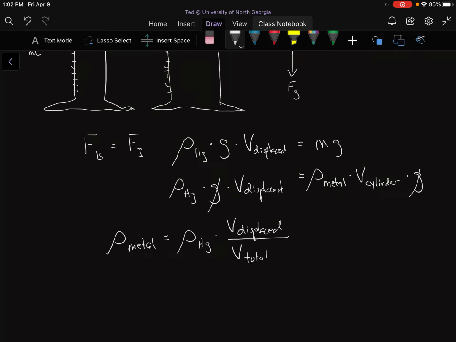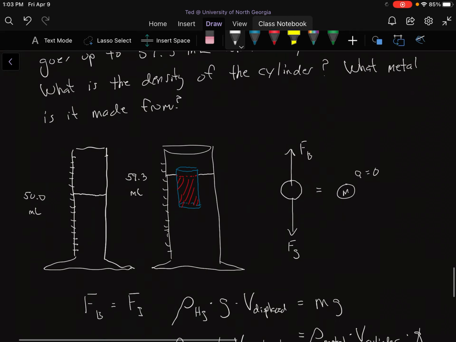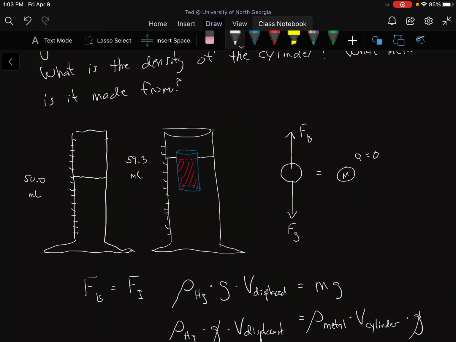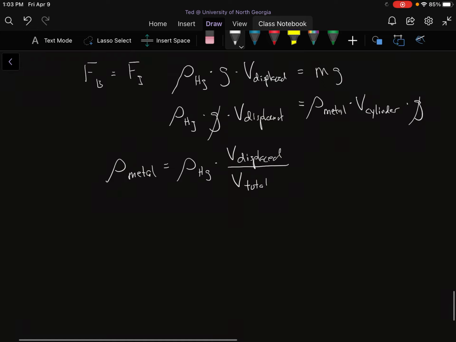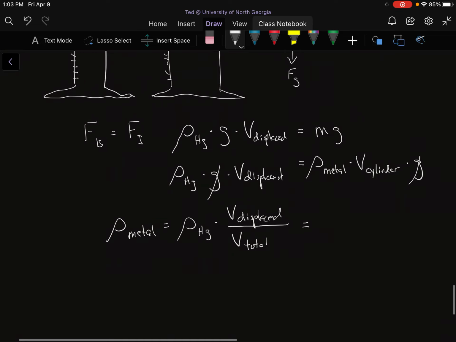Okay, so a lot of this information was given. We know the density of mercury. Do we know the volume of mercury that was displaced? Well, we know that part of the cylinder is inside the mercury, displacing mercury, but not all of it. But this information that the mercury level went up from 50 milliliters to 59.3 milliliters means that the volume displaced is 9.3 milliliters.